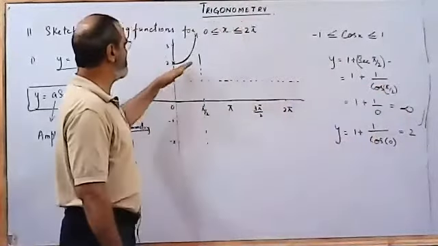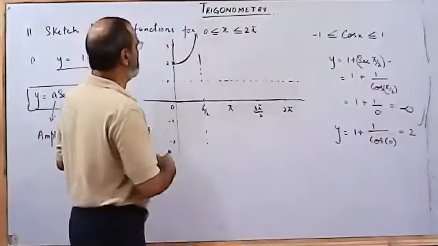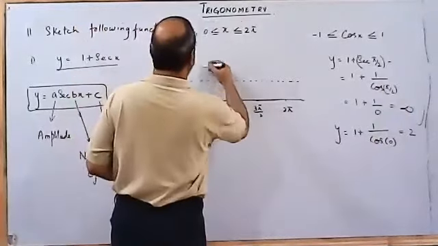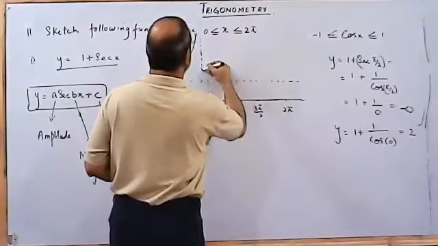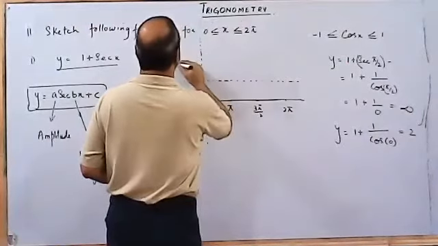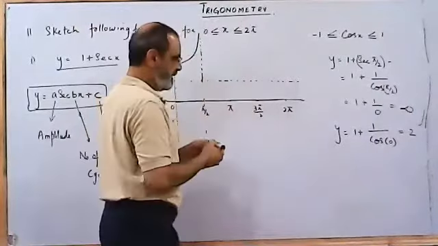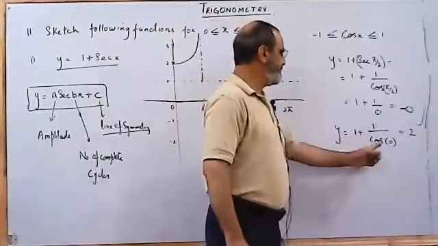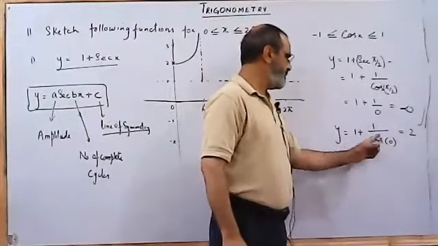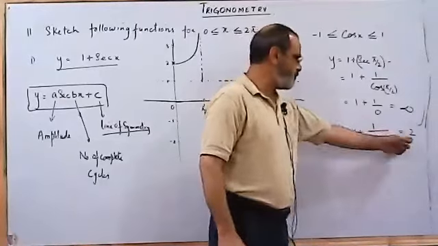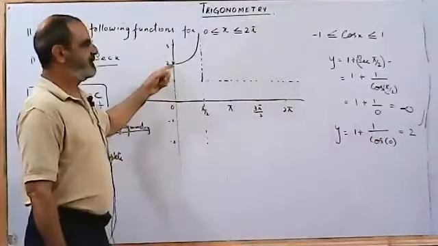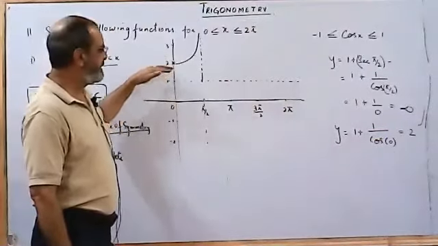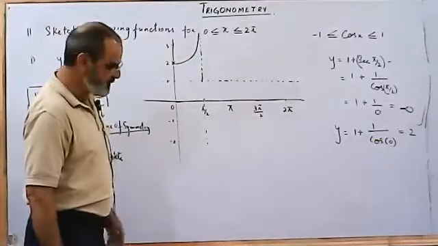The curve is upward. At 0 degree, cosine 0 is 1, so 1 divided by 1 plus 1 is 2. So at 0 degree, the point is here. So I have just plotted the curve in the first quadrant.